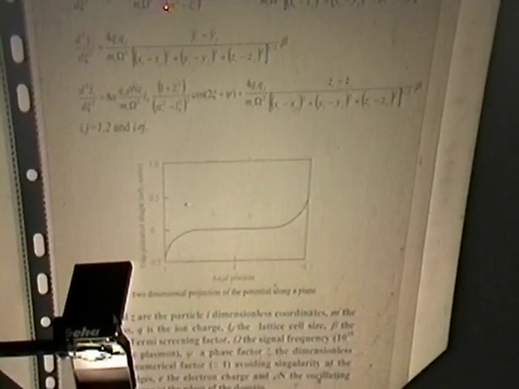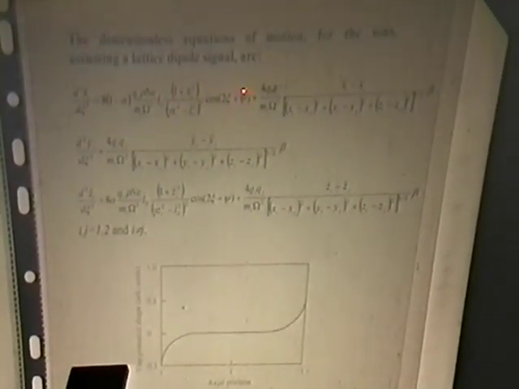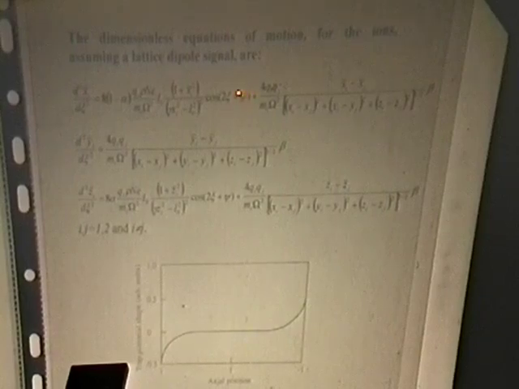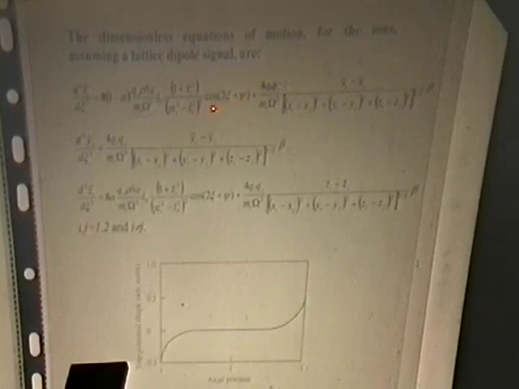Gamma is a numerical factor avoiding singularity, it's close to unity, and psi is a phase factor that takes into account the value of the signal when the particle enters the system.